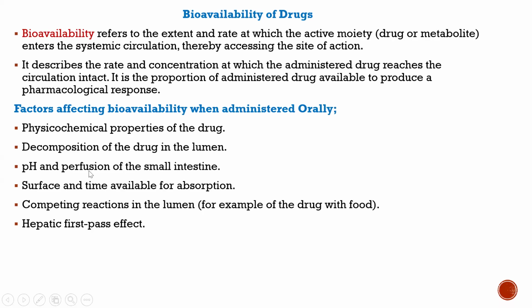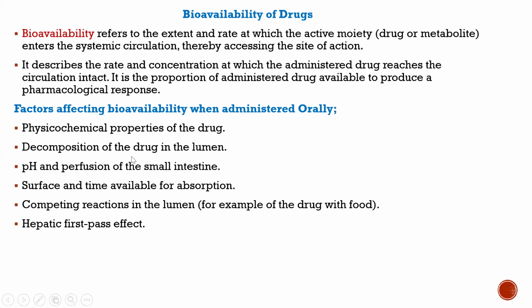We have pH and perfusion of the small intestine. We have the surface and time available for absorption. We also have competing reactions in the lumen, for example, of food with the drug. When you eat some food, it can help to facilitate drug metabolism or it can delay drug metabolism.